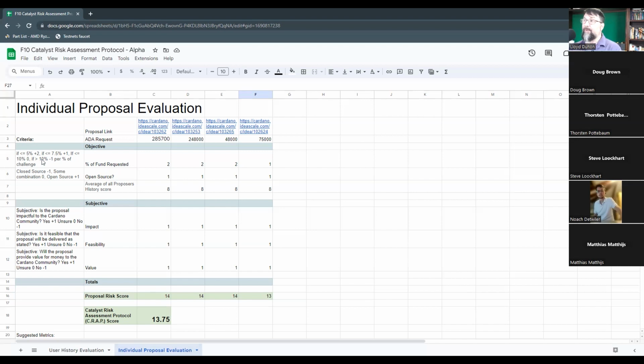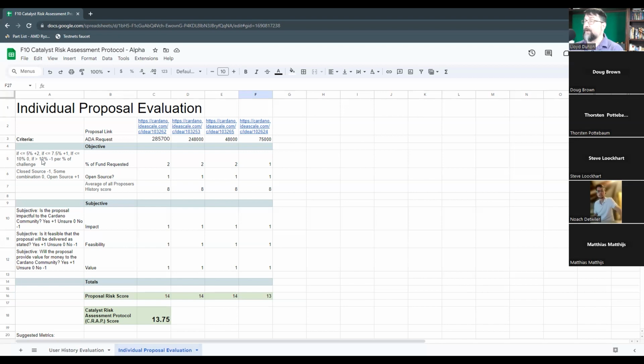Below that, I bring in the average of the proposer's history score, and this is where we start to wrap it in. Obviously in this case it's just me, so it shows the 8 across the board on mine. But I do feel like the average of your proposers is an important metric at this point.